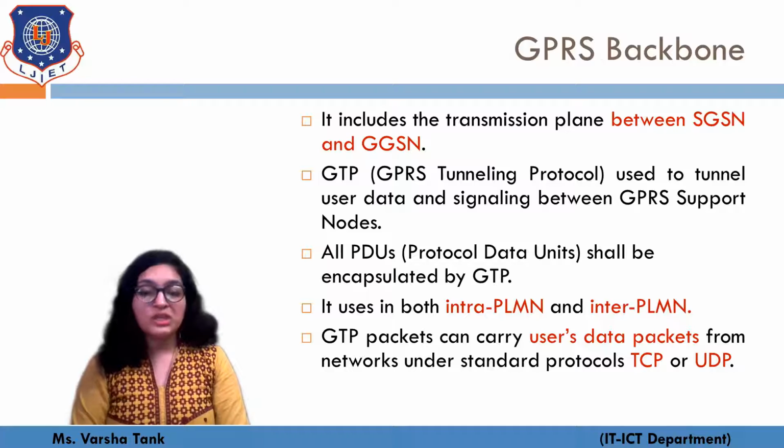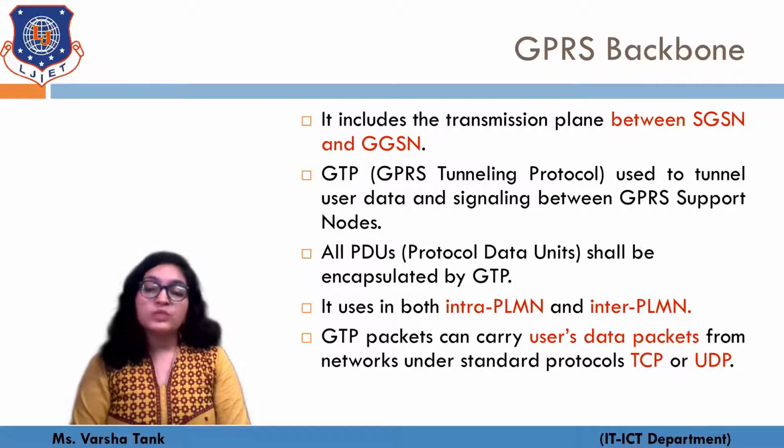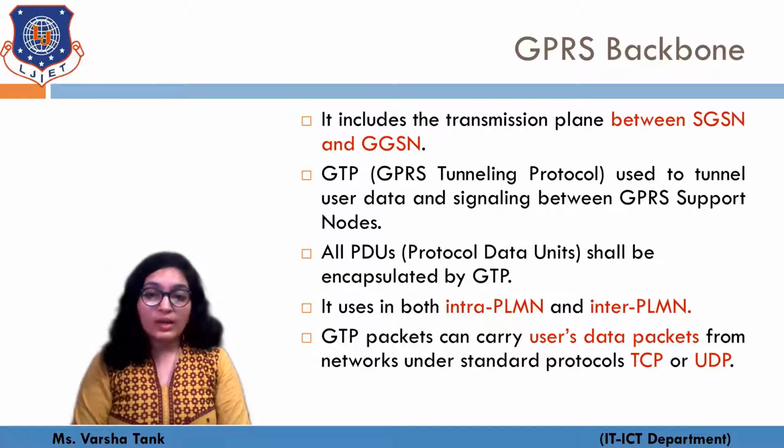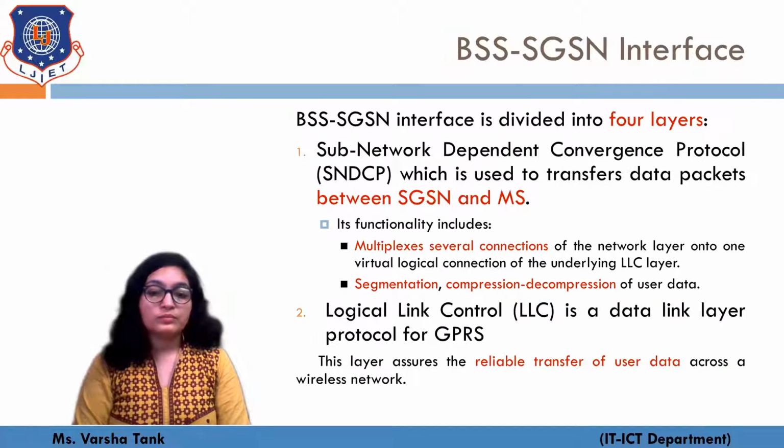All of you are aware of these as we have learned in GPRS routing, where there are two types of different network. Then GTP packets can carry user data packets from the network under standard protocols, that is TCP, the transmission control protocol, and UDP.